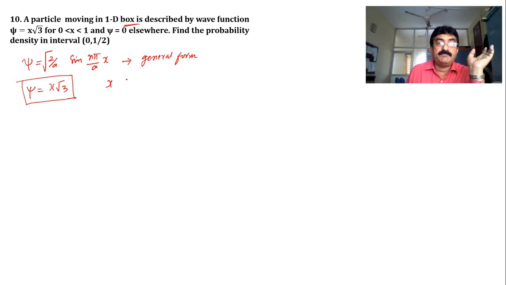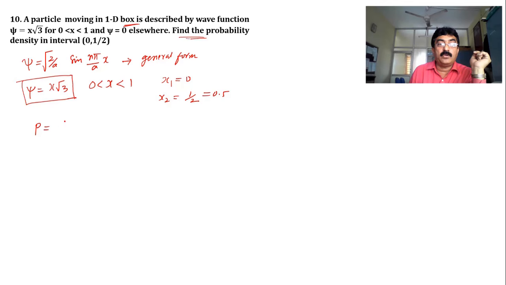When x is between 1 and 0, that means the lower and upper limits are defined. Find the probability density in the interval of 0 and 1 by 2. That means x1 is 0, but remember, x2 is not 1, it is 1 by 2, that is 0.5. Okay, no problem.